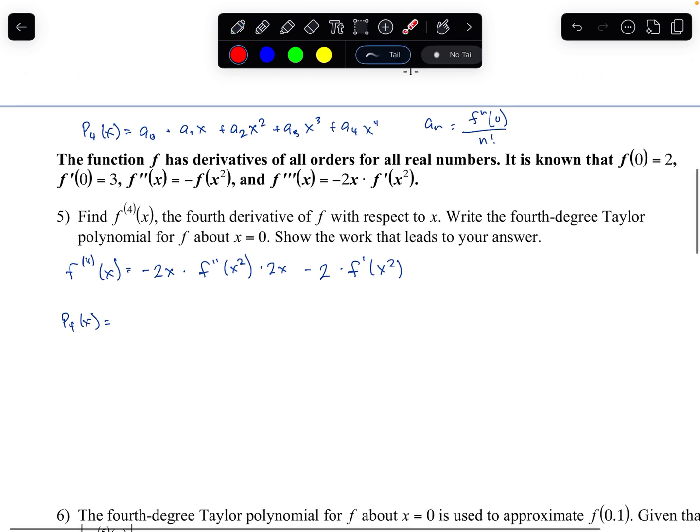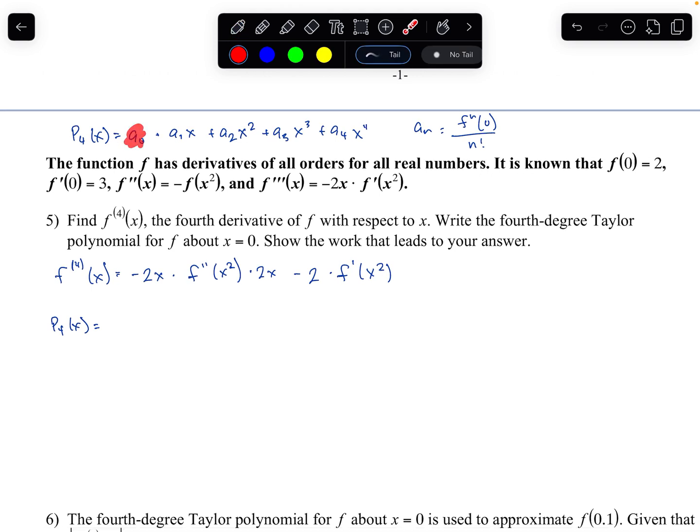So for a sub 0, that's going to be equal to the 0th derivative at 0, and in that case it's going to be 2. So this whole thing is going to be 2 divided by 0 factorial, and 0 factorial is 1. So basically my first term of my polynomial is 2.